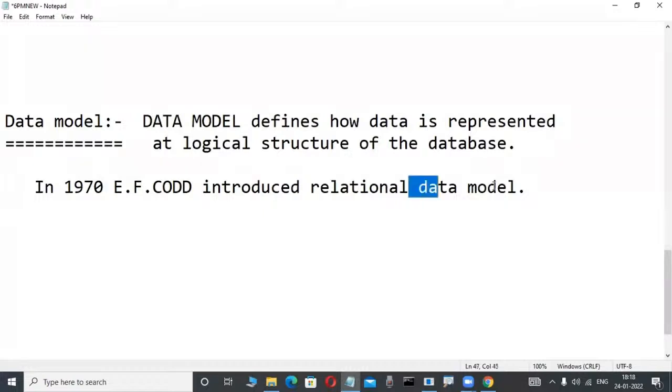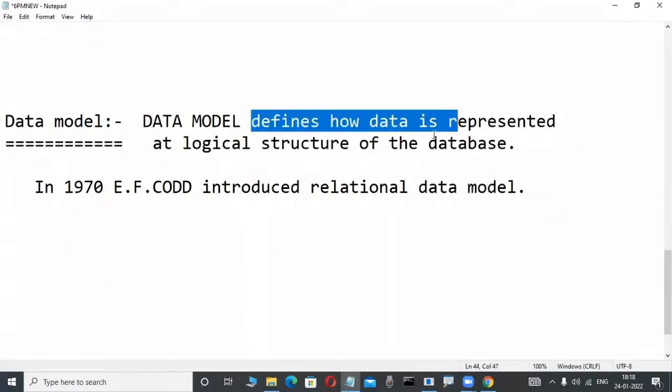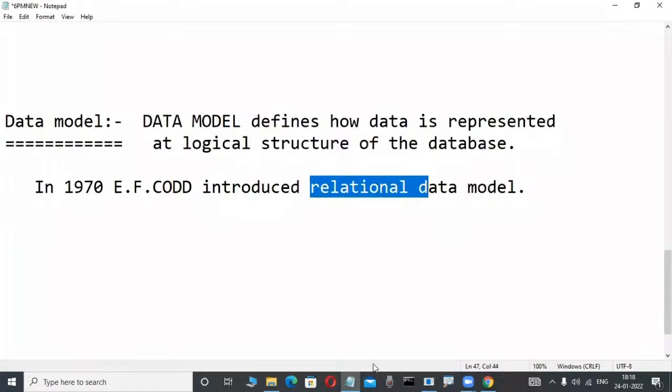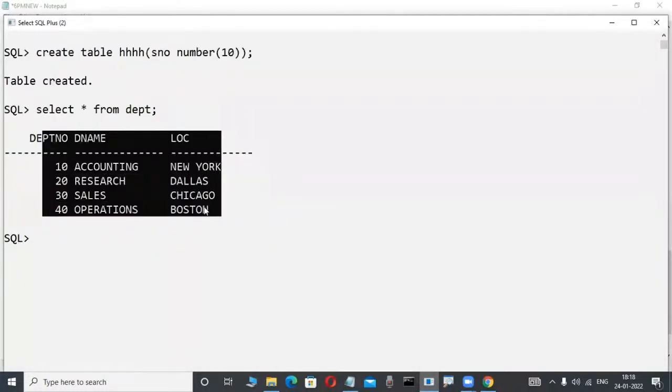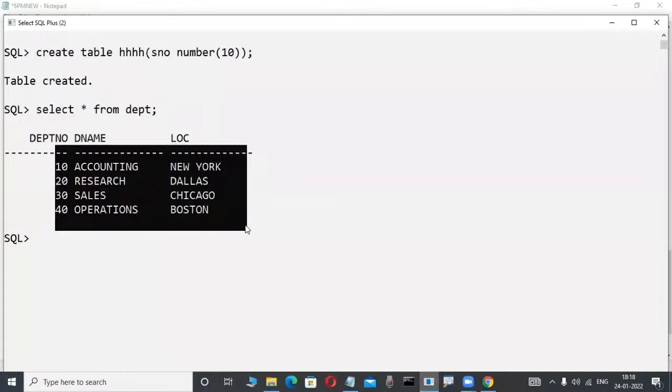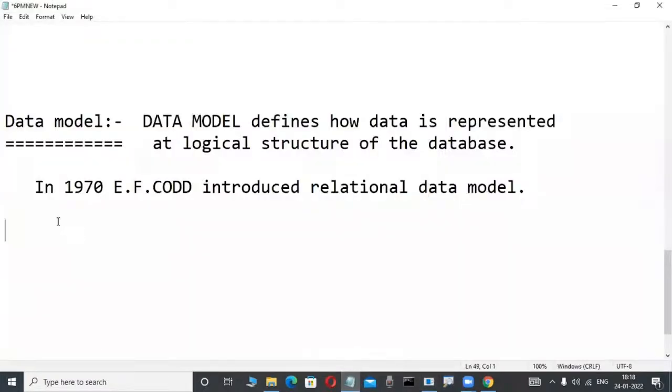Relational data model means what? How is data represented in a logical structure? This is a logical structure, which is not visible in the operating system. In this logical structure, data is represented in the format of rows and columns, which is nothing but two-dimensional tables.